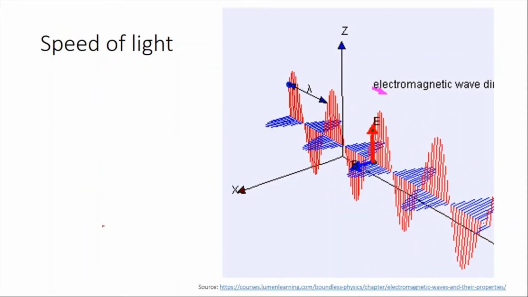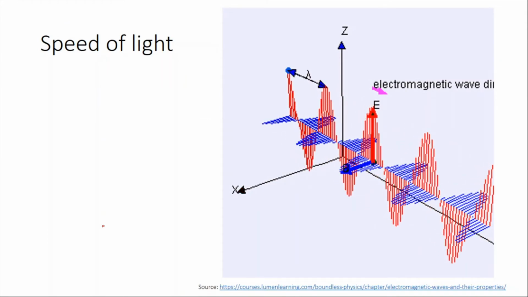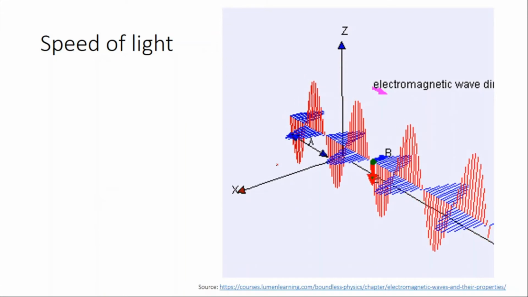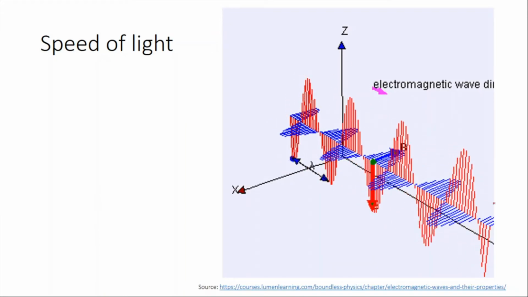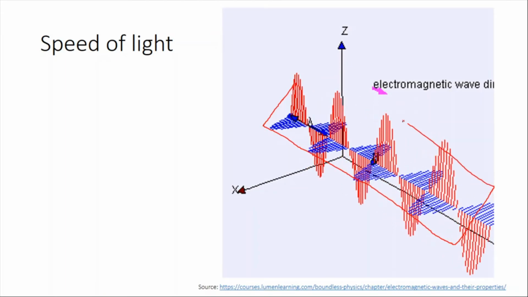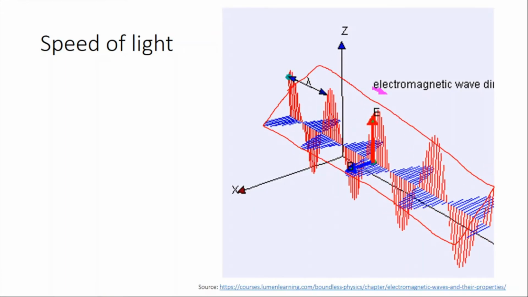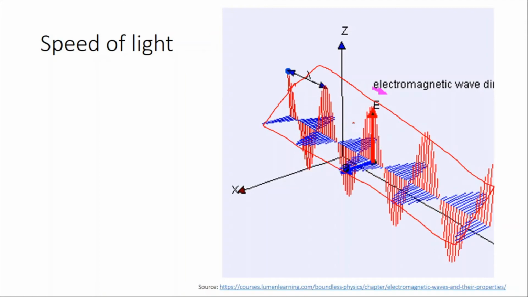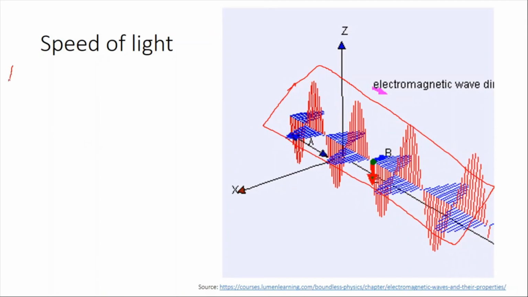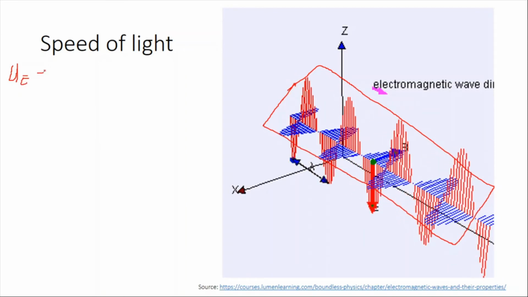Now let's calculate the speed of light by considering the energy density. When the electromagnetic wave is propagating in space, the energy density associated with the electric field and the energy density associated with the magnetic field are going to be equal to each other. That's why we can write UE equals UB.